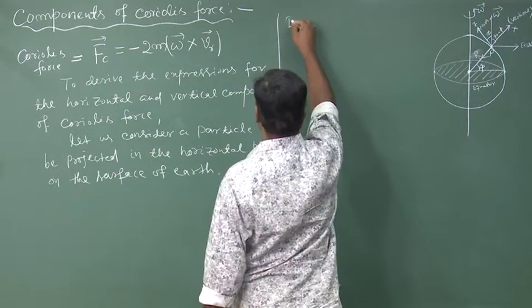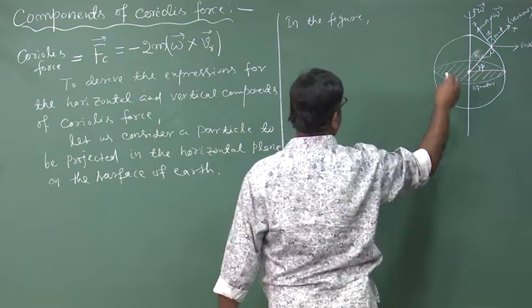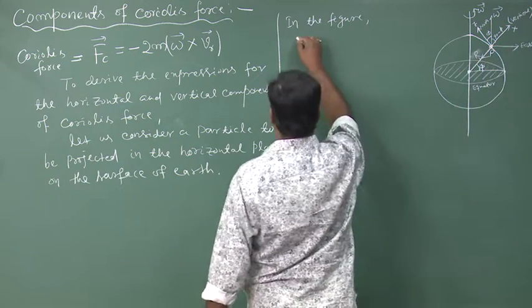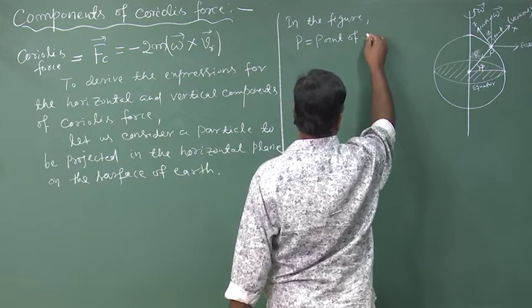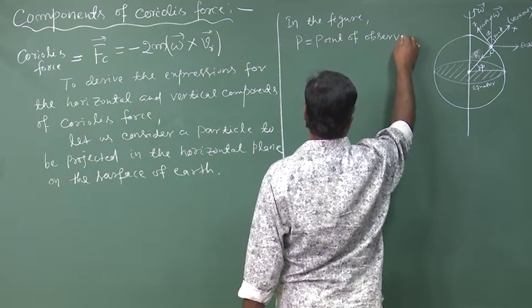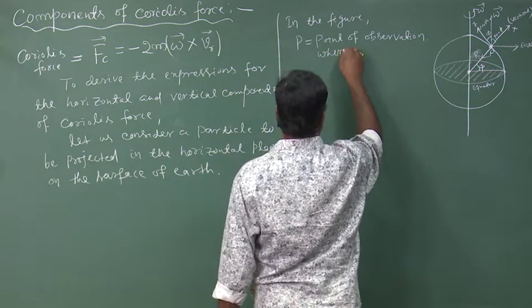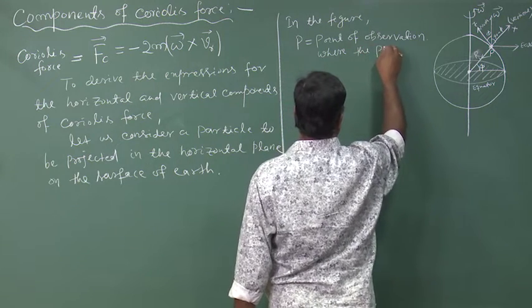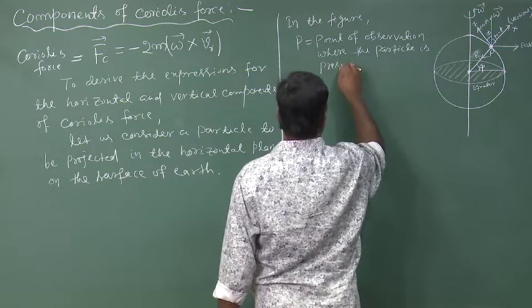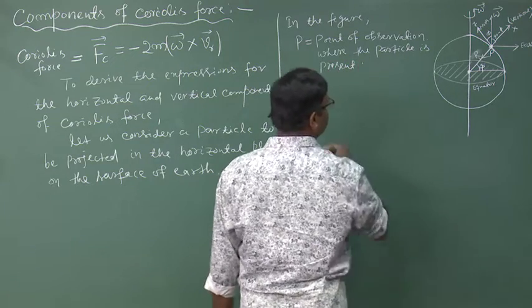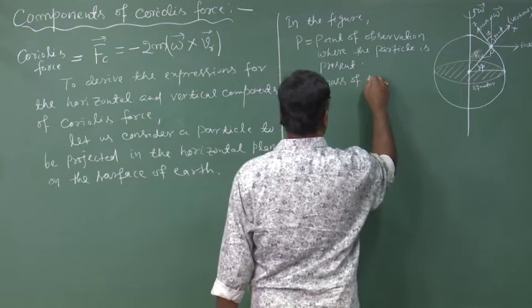In the figure, P is equal to point of observation where the particle is present. M is equal to mass of the particle.